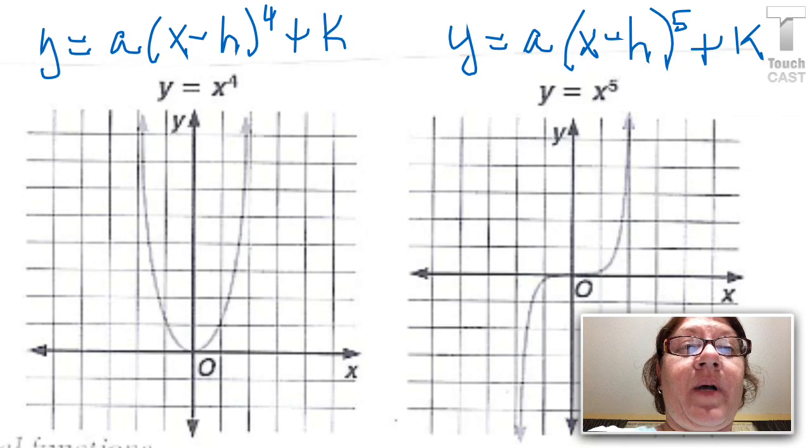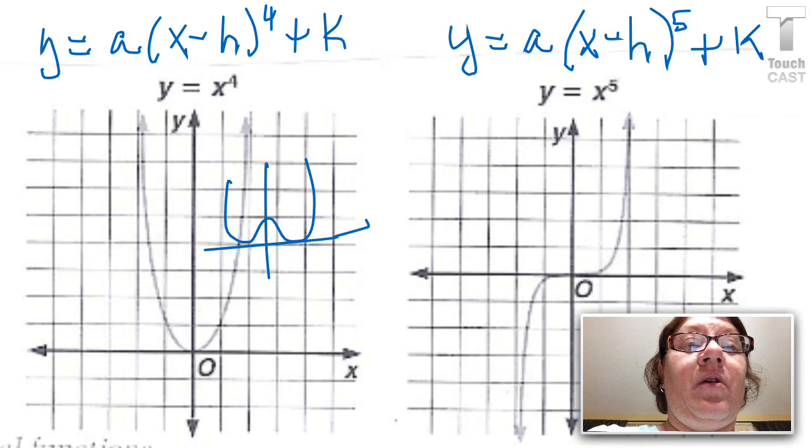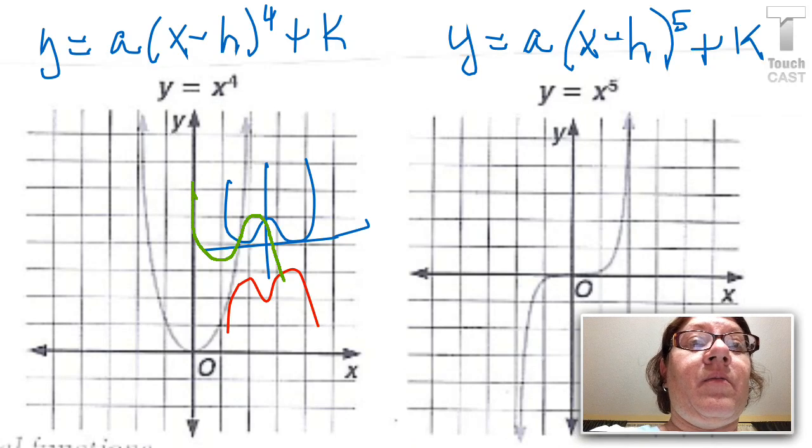Of course, one thing to keep in mind is not all degree 4s look like a parabola. They could look something like this, or it could look something like this, or it could even look something like this. So lots of options.